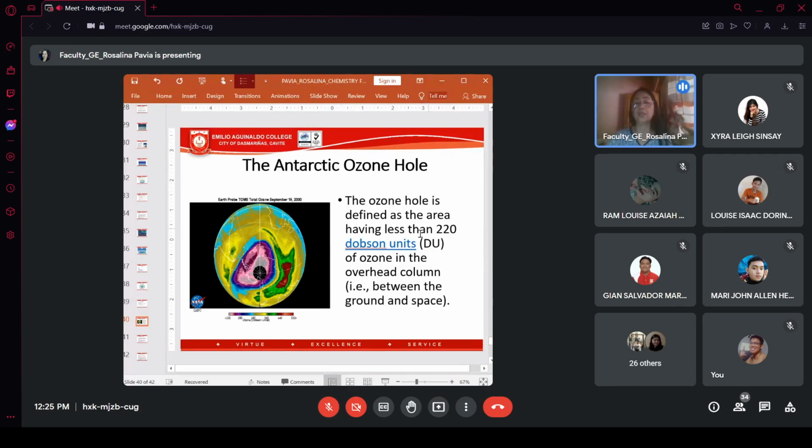Now, this is what they usually make use of for the measurement of how large the hole is along the ozone layer. So as you can see from the figure, it's just 220, take note of the units, less than 220 Dobson units. All right?